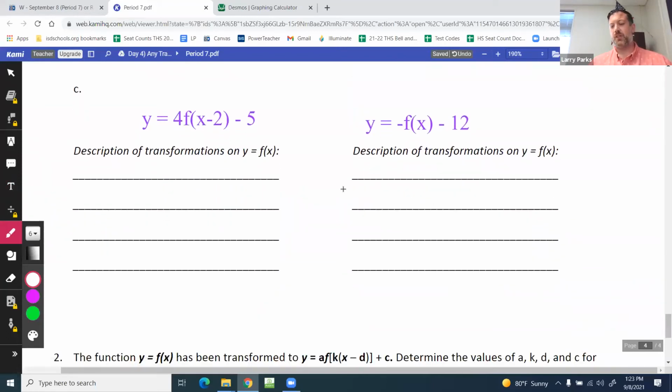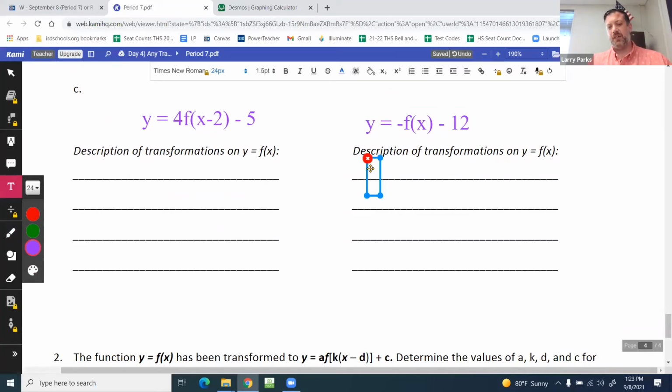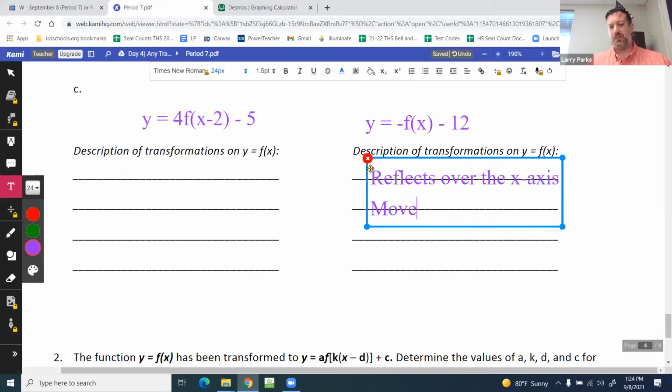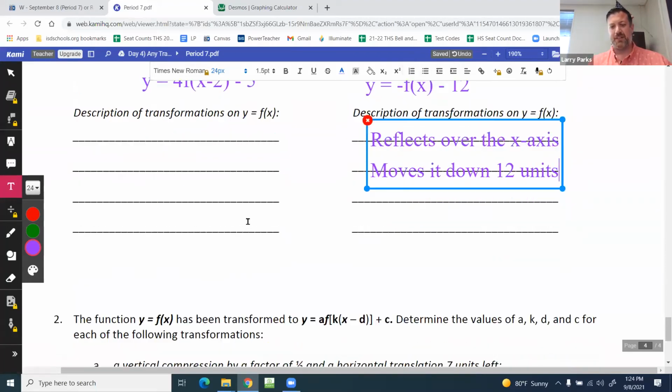Okay. So describe the transformation. So we'll do this one together. So I would say the negative reflects over the x-axis. The negative 12 moves it down 12 units. Now, if the 12 is in parentheses, it moves it left and right.